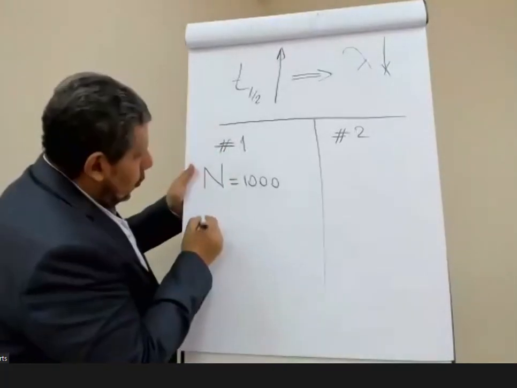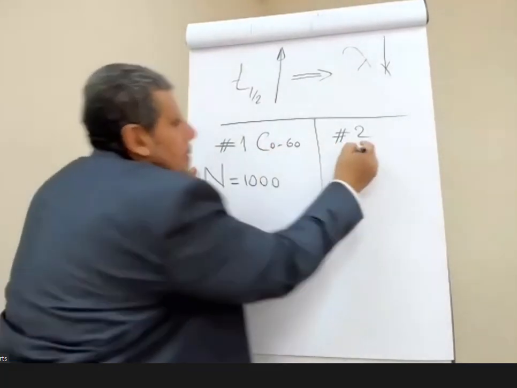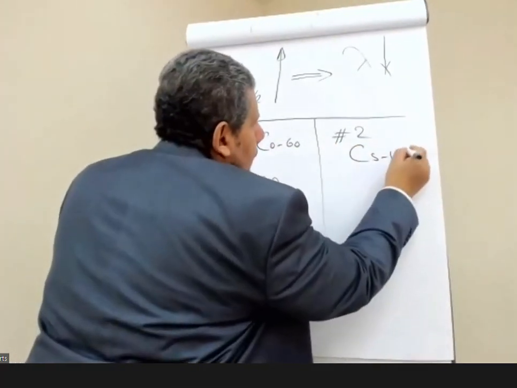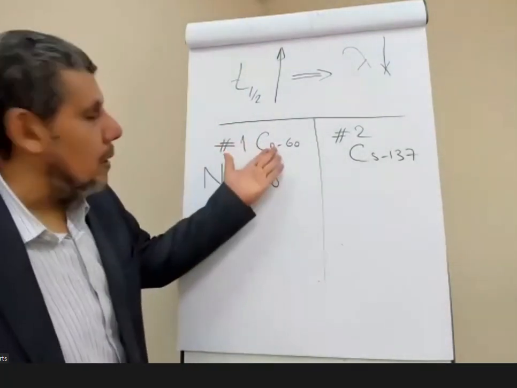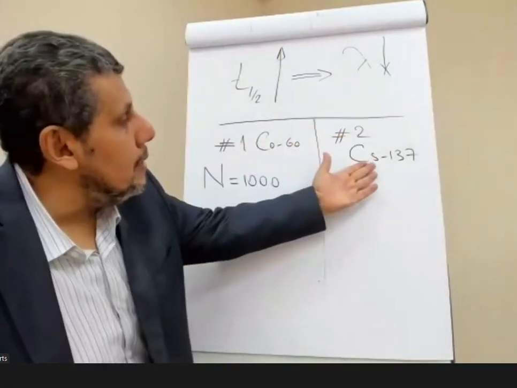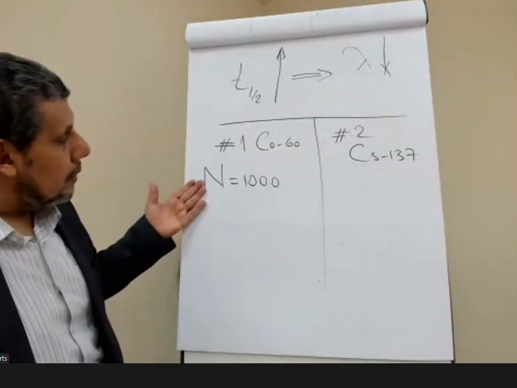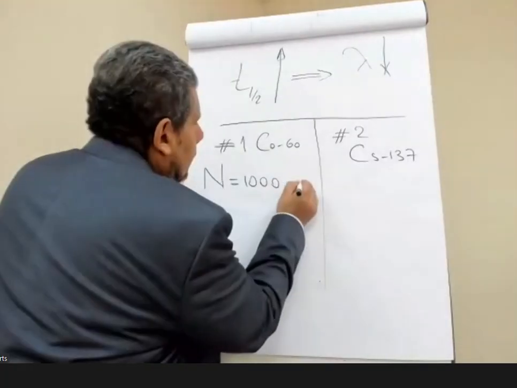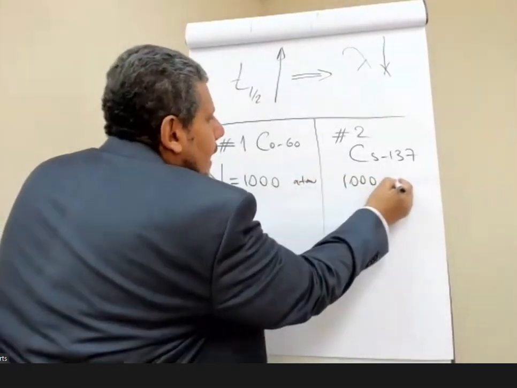Let's say this one is cobalt 60 and this one is cesium 137. So source number 1 is cobalt 60, source number 2 is cesium 137. I have 1,000 atoms here, and the same 1,000 atoms here.